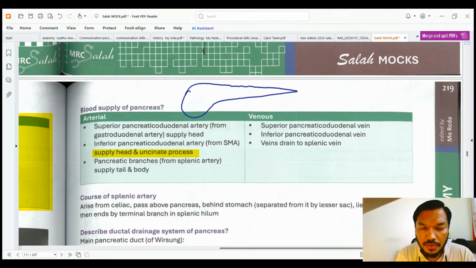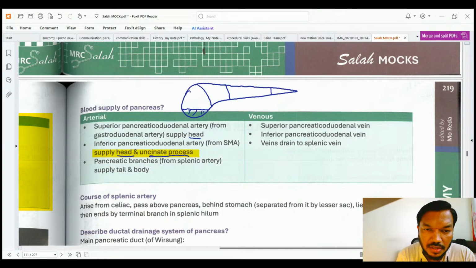So head and uncinate process. This is uncinate process, head, you can say head. This is neck, not this much long. Neck, this is body and tail.